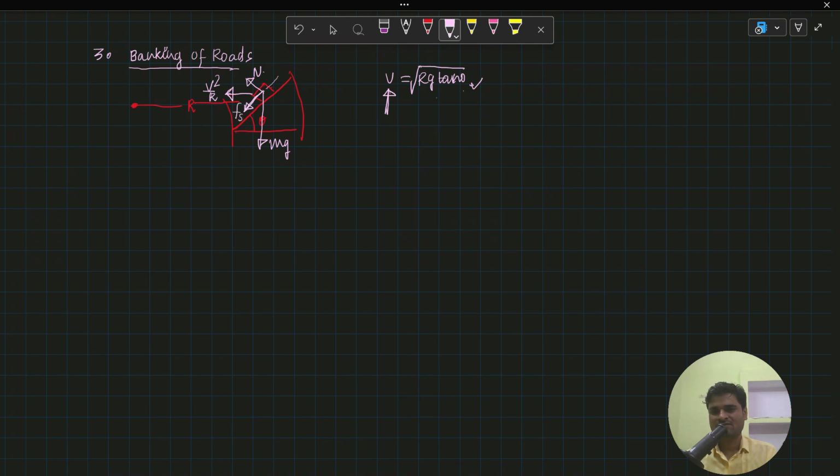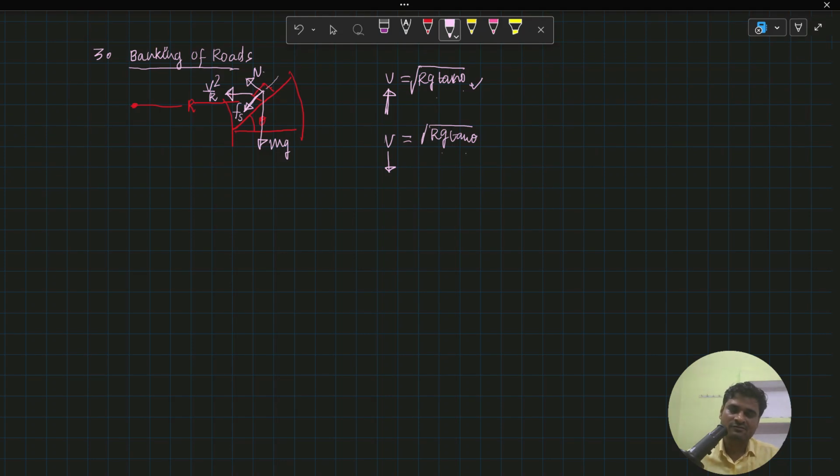And we can think of the same situation, if our velocity from this value keeps on reducing, what will happen? From this value, if our velocity starts to decrease, g tan theta will remain the same for the fixed road.